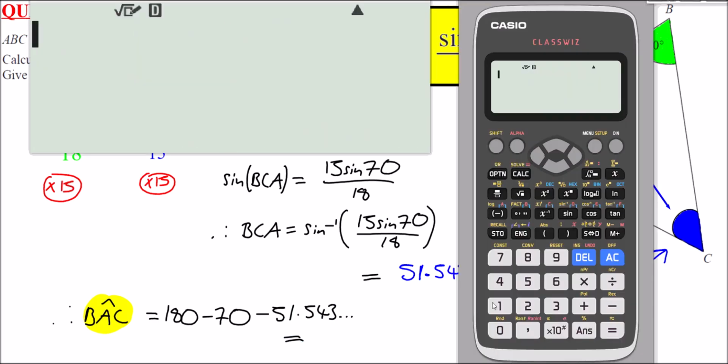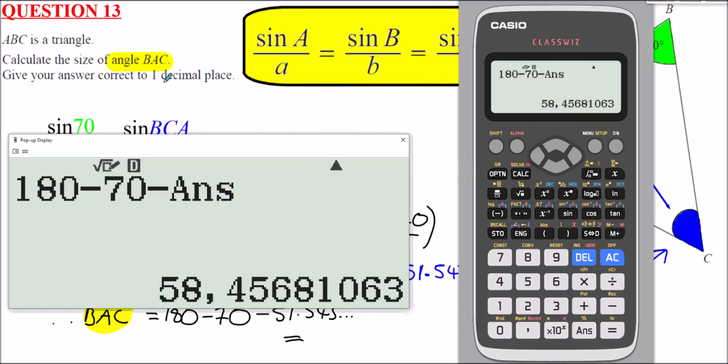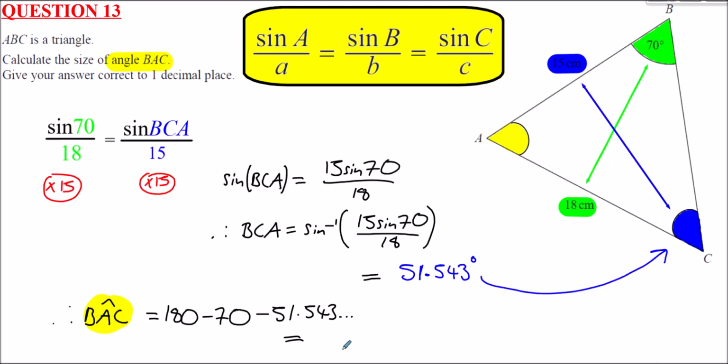So if I do 180 minus 70 minus my answer, I get to 1 decimal place, because the question's asked me for 1 decimal place, 58.5, because that 4 is next to a 5, so the 4 will round up to a 5. So it's 58.5 degrees.